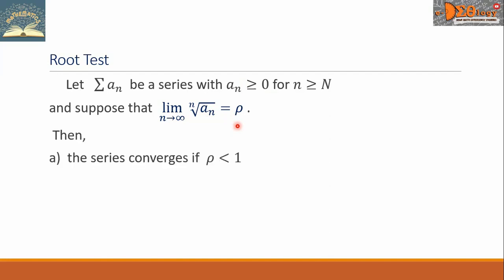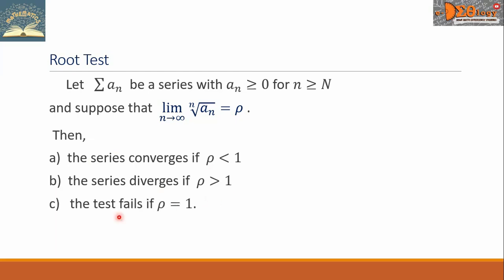This is now the test of convergence. The series converges if rho is less than 1. The series diverges if rho is greater than 1, while the test fails if rho is equal to 1.